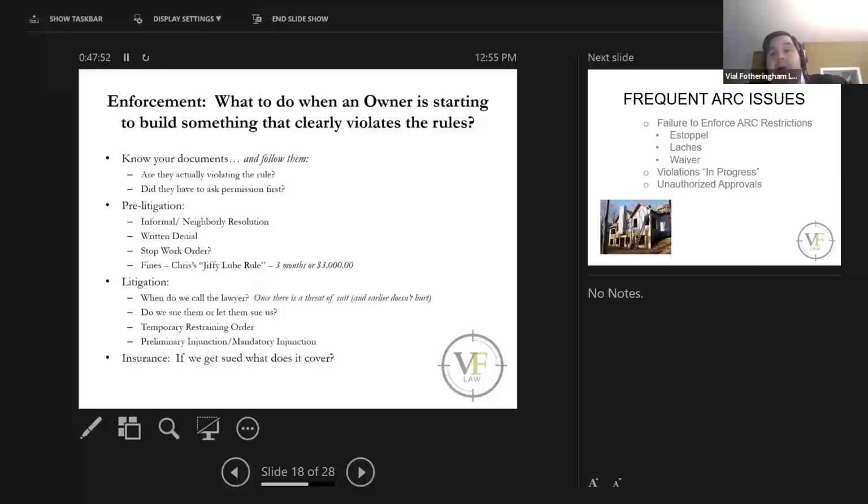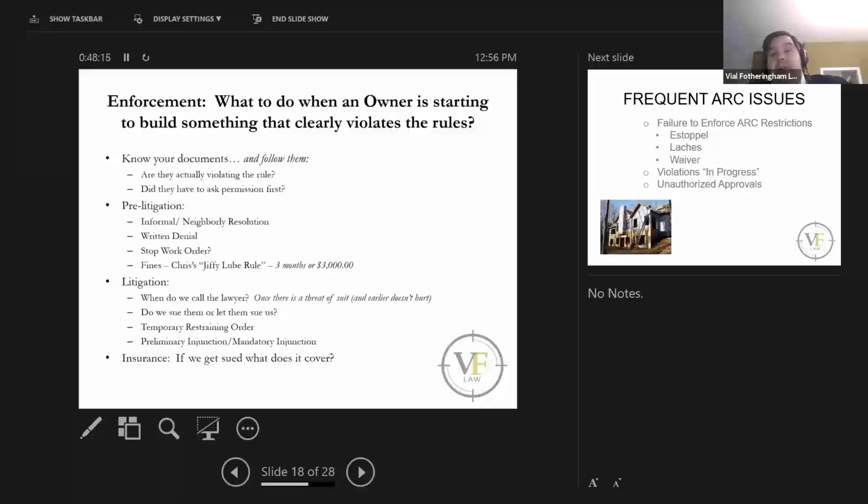A TRO, a temporary restraining order, versus a preliminary injunction or mandatory injunction. These are different types of relief. A temporary restraining order you may sometimes have to get, but they are frankly the most expensive work that can be done in the law, because you're essentially trying to go to a trial within a short order. It's like 14 days. And so there's a lot of legal work, a lot of costs associated with that.